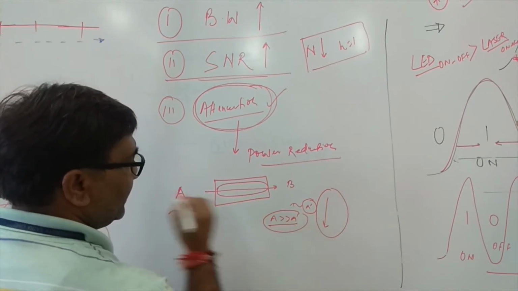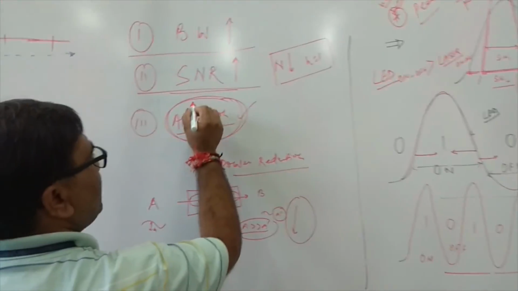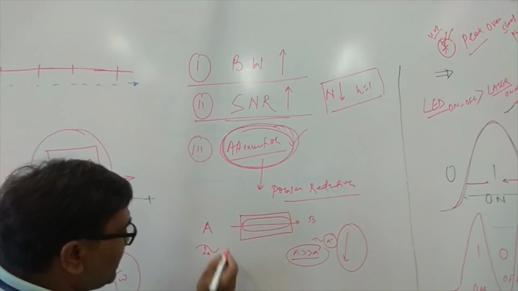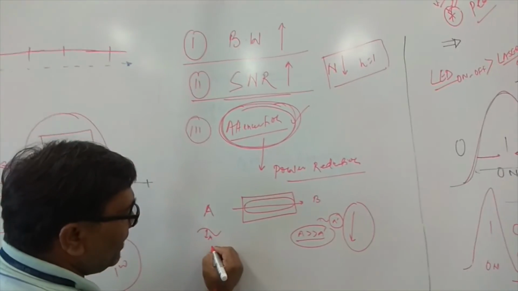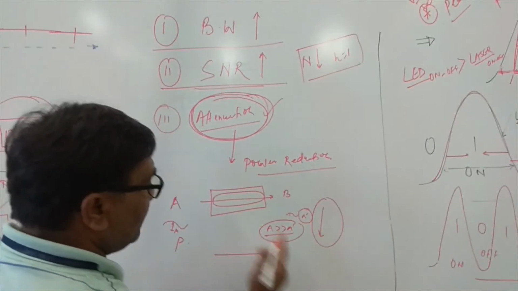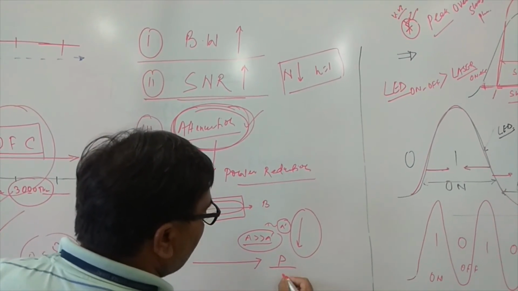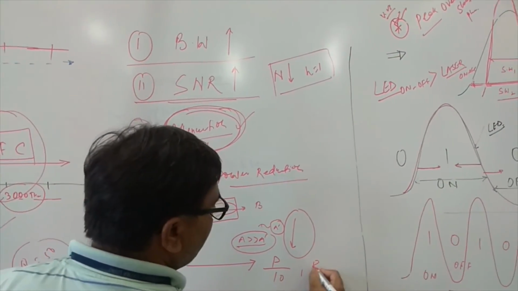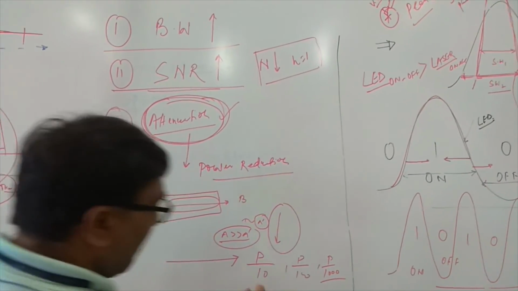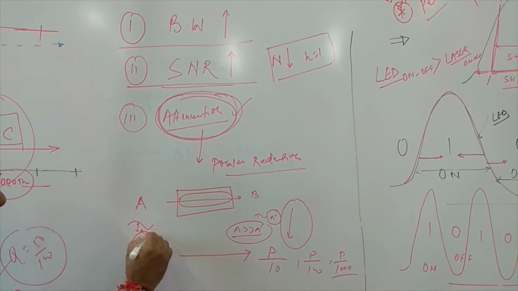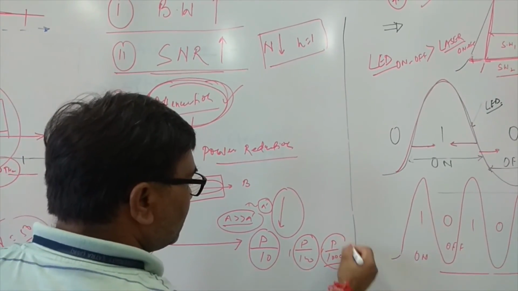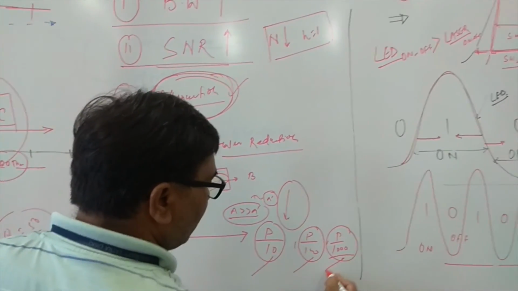We'll discuss that later, but here we are discussing only attenuation. So to send the information A, we require power P, but due to attenuation, power is reduced to P by 10, or P by 100, or P by 1000. Why this 10, 100 and 1000?